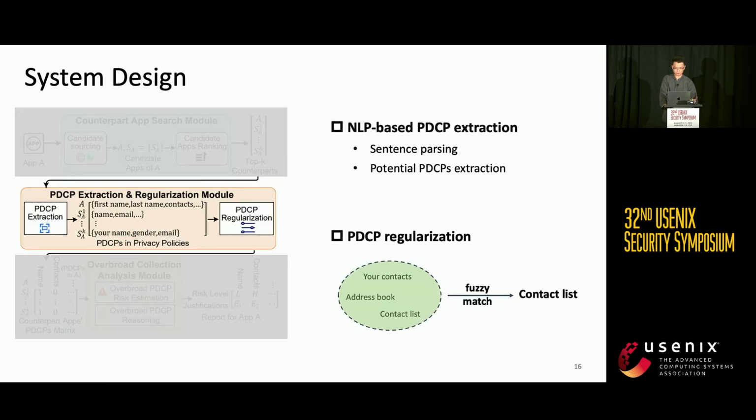In stage 2, we use NLP techniques to extract PDCPs from the privacy policies of the target app and the counterpart apps. Since the extracted PDCPs might be represented in different forms, we use fuzzy match to map each potential PDCP to a manually defined personal data category.